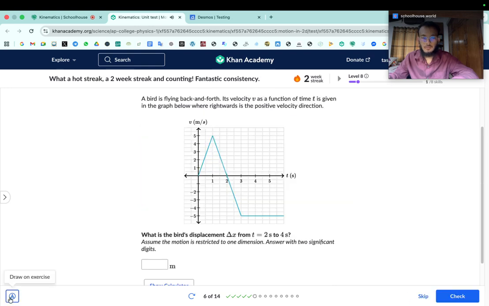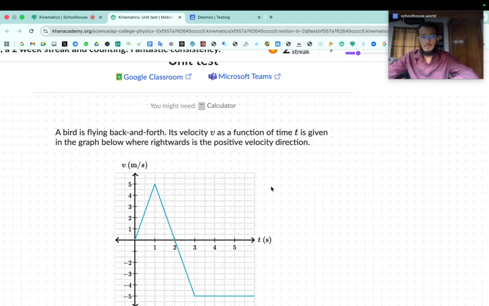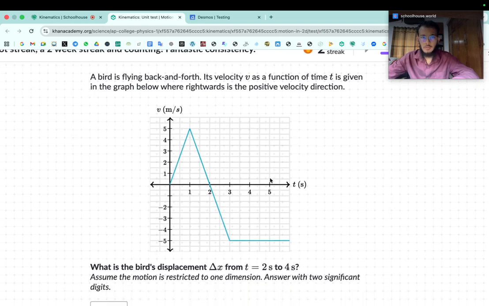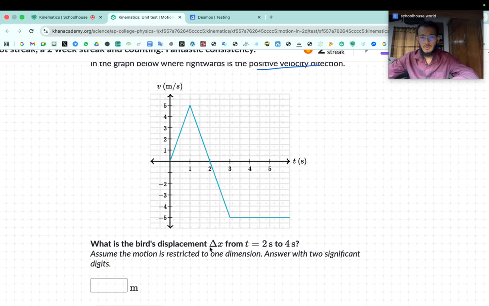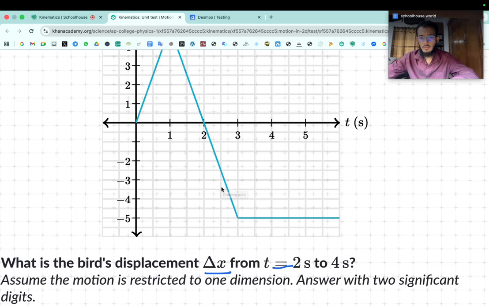There we go. Okay, a bird is flying back and forth. Its velocity v as a function of time t is given in the graph below, where rightwards is the positive velocity direction. What is the bird's displacement delta x from time t equals 2 to 4 seconds?